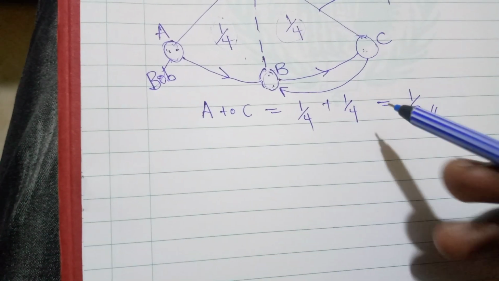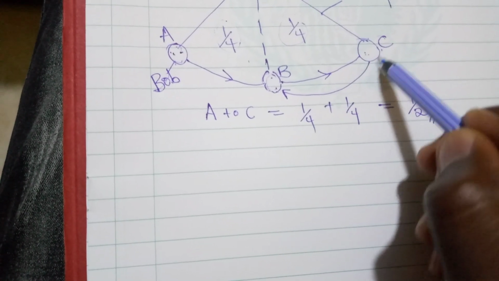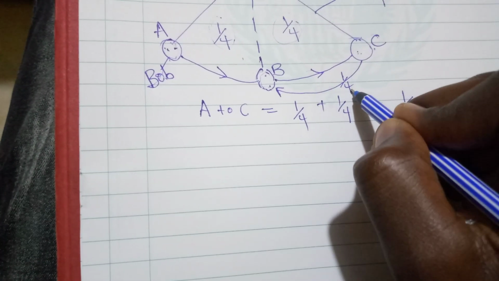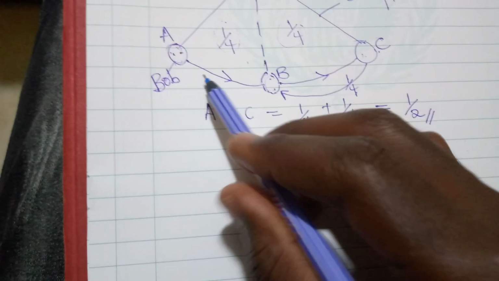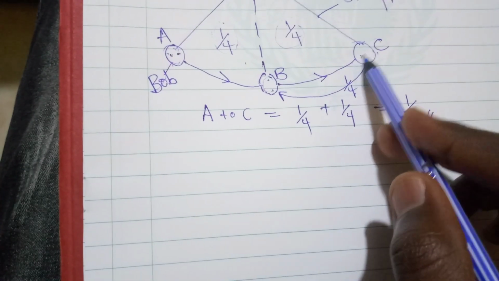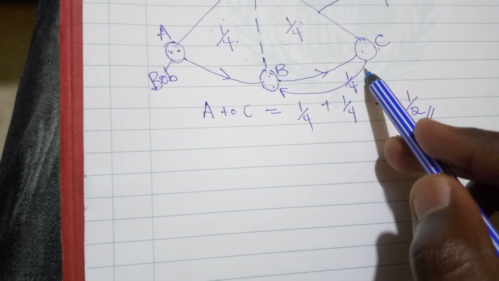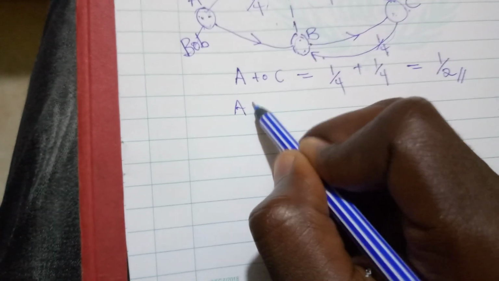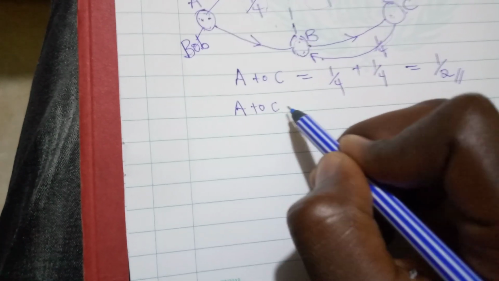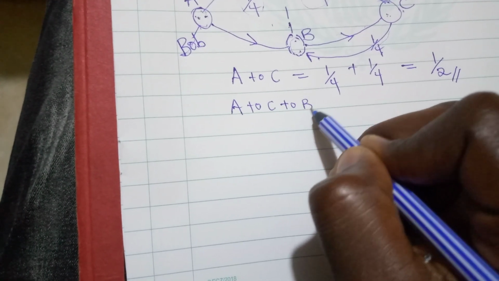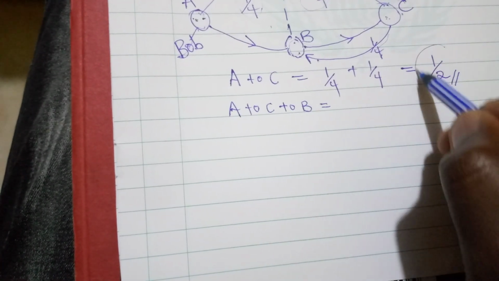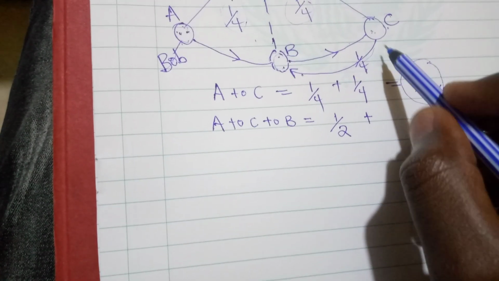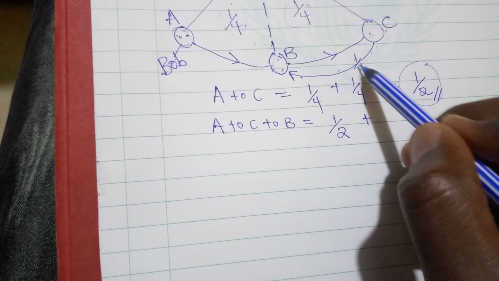And then when it moves again from C to B, it also makes another quarter, which is 1 over 4. So if you add from A to C, which is half, plus that quarter, that is from C to B, you add that half, 1 over 2, with this quarter there, 1 over 4.